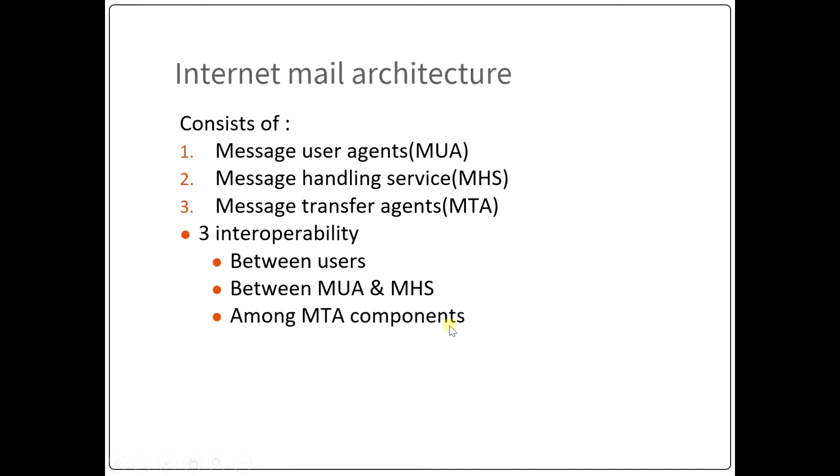So the internet mail architecture consists of MUA, MHS, and MTA, and interoperability needs to be provided between the users, between MUA and MHS, and among the MTA components.